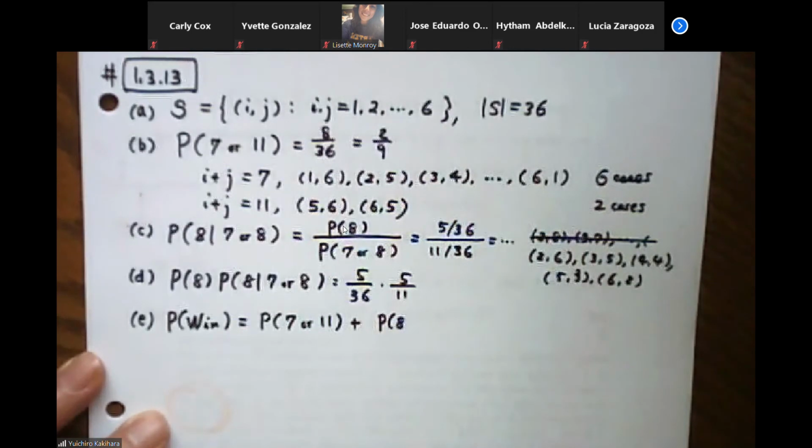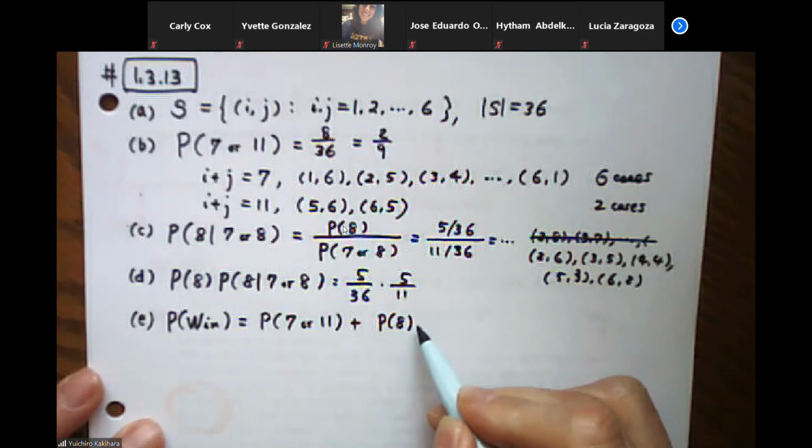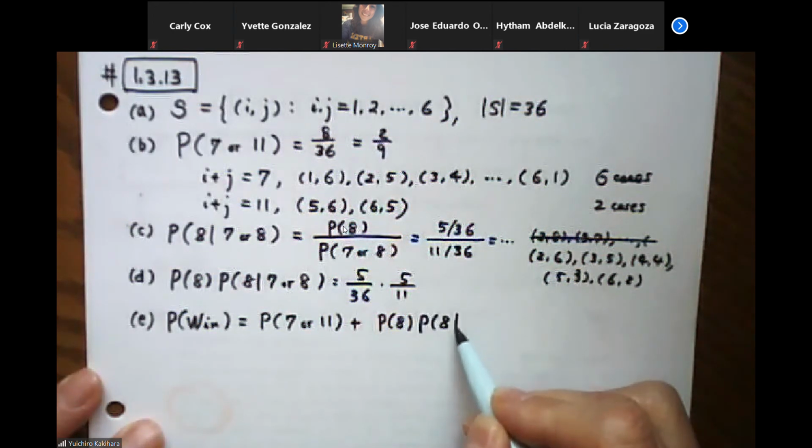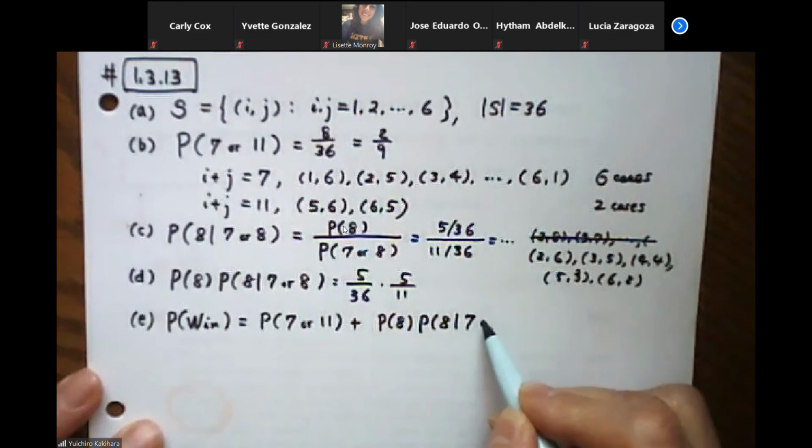We should use part B. So this is P of 8 times the P of 8 conditioned by 7 or 8.